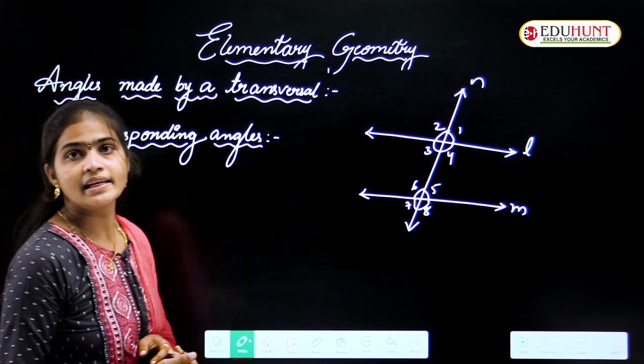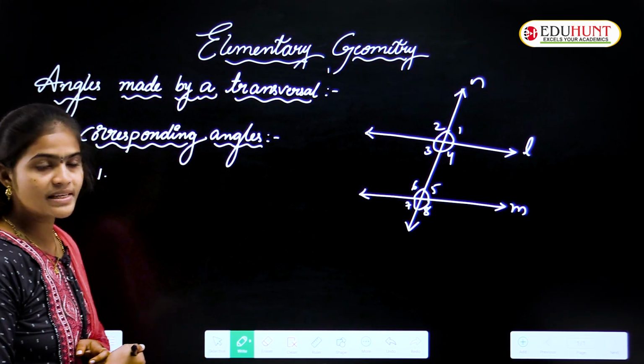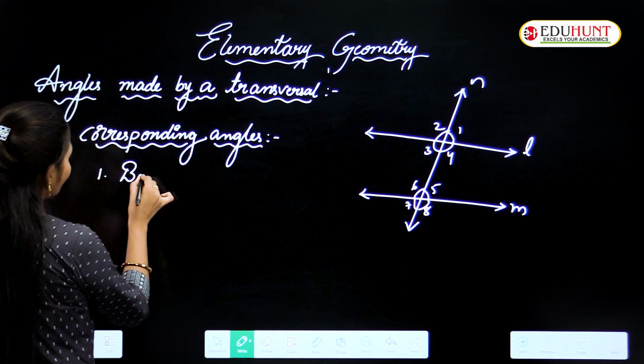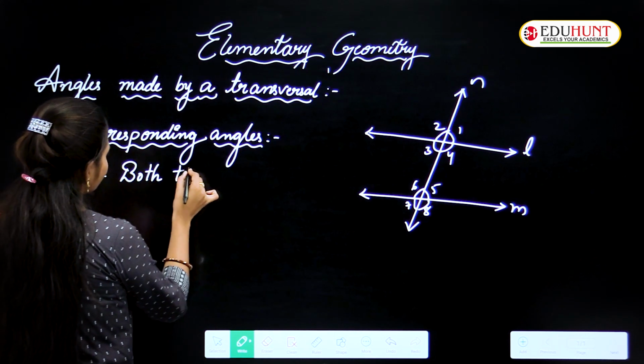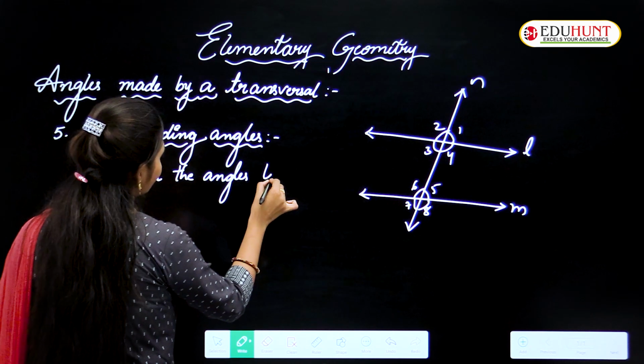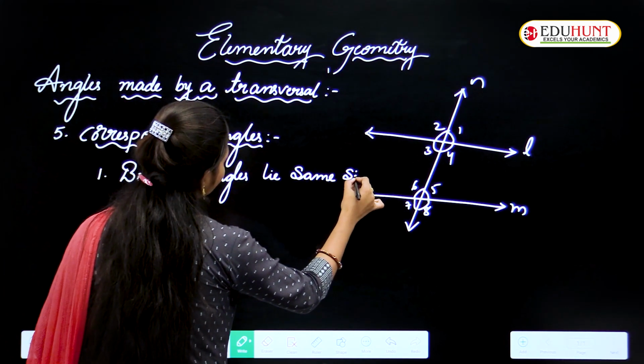Next, here we need to discuss corresponding angles. Here also we need to follow some instructions. The first one is both the angles lie on the same side of a transversal.